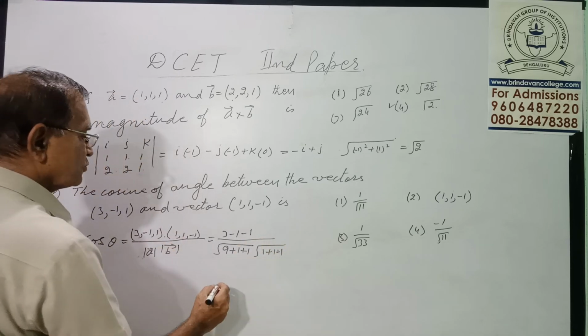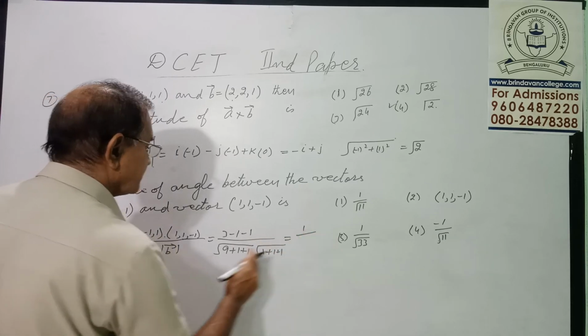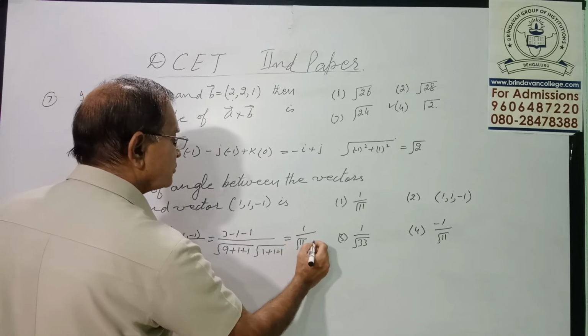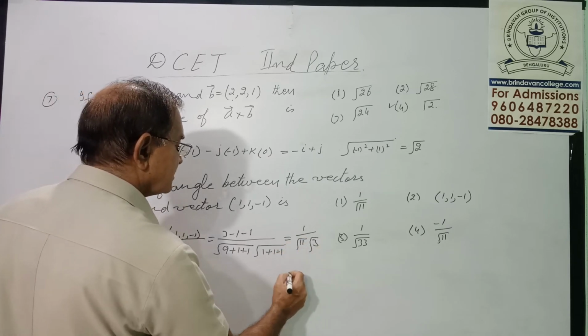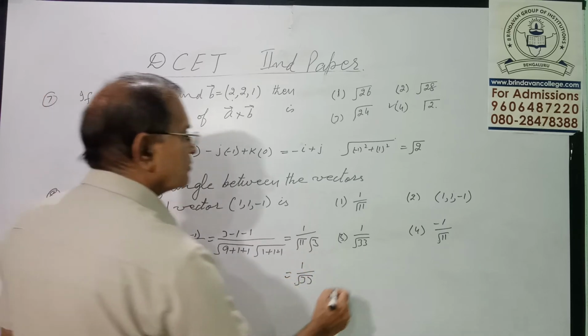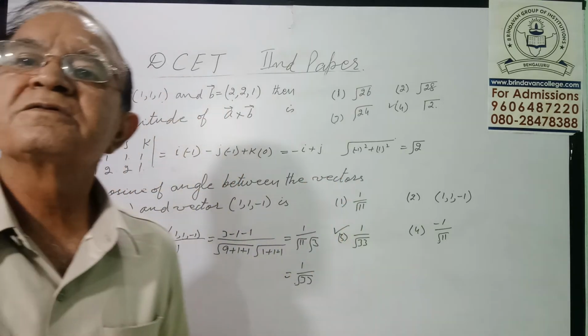That is square root of the sum of squares. So which will give us 1 by root 11 into root 3. That is 1 by root 33. That is the third option. So like that we can solve it.